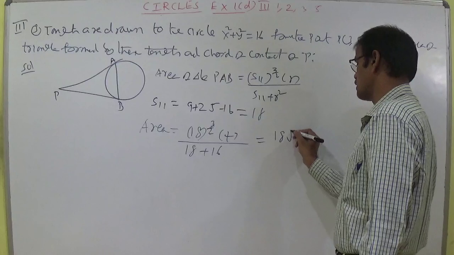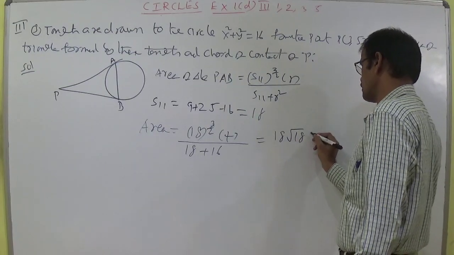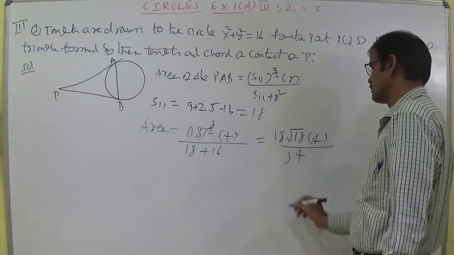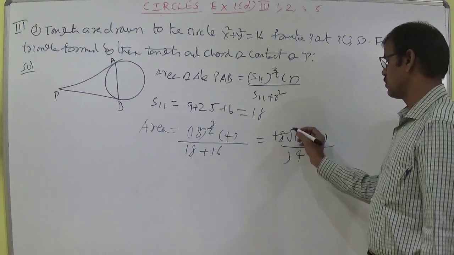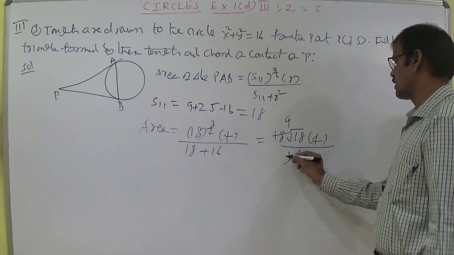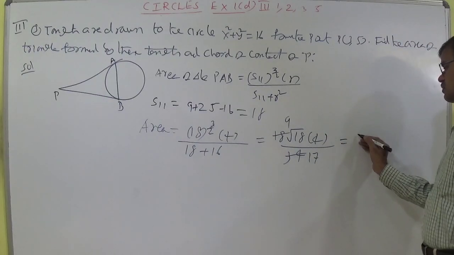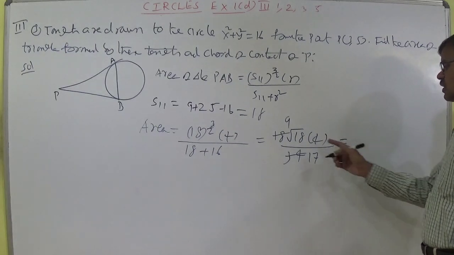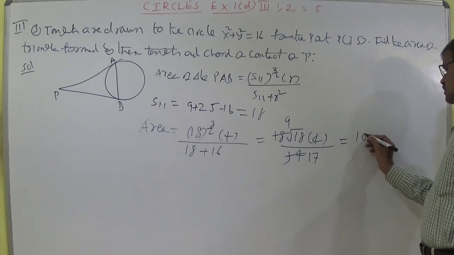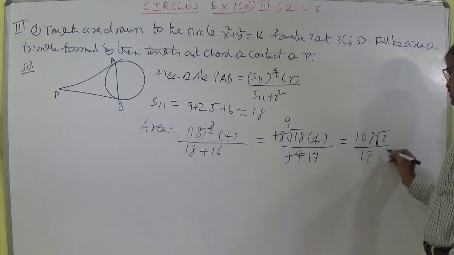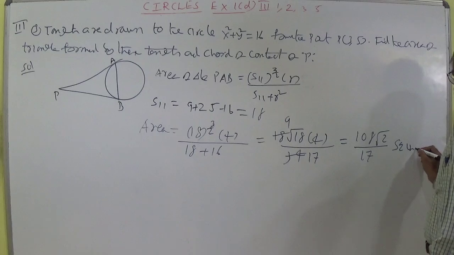Now you can write 18 root 18 into 4 by 34. Dividing by 2, we get 9 times and 17 times. 9 fours are 36, and 36 into root 18 which is 3 root 2: 36 into 3 is 108. You write it as 108 root 2 by 17 square units.